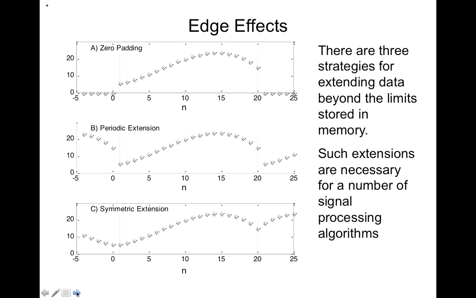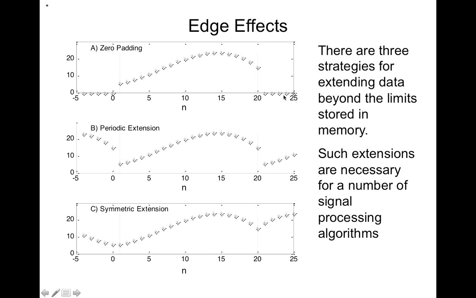And so what that looks like is there's a sharp discontinuity between beginning and end. And so rather than looking like the shape of the signal, it looks like the shape of the signal multiplied by a rectangular window.